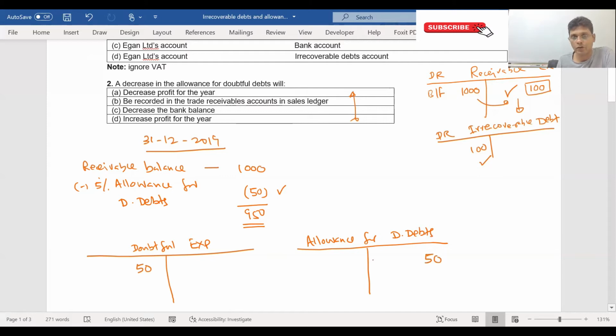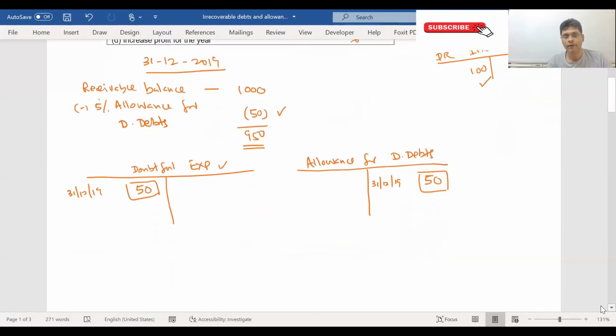So you will credit on 31st December 2019. Here you debited the doubtful expense account and the allowance for doubtful debts account will be credited. So this is the double entry.